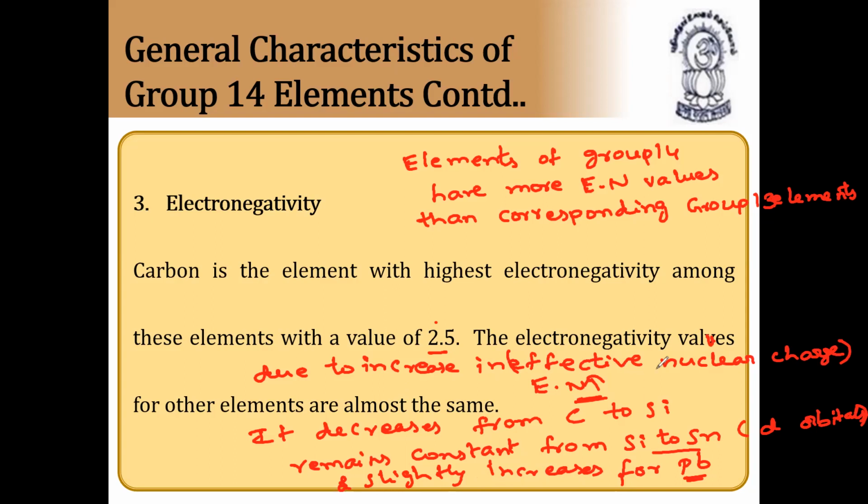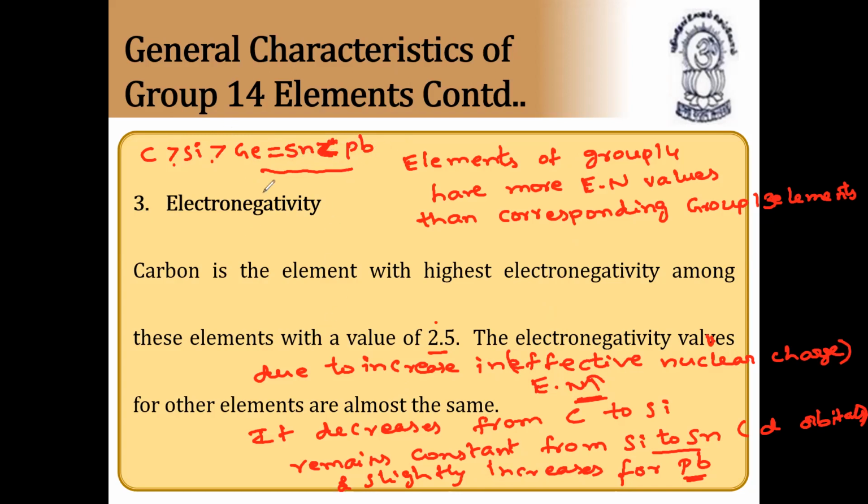So the effective nuclear charge increases, due to which electronegativity also increases. The trend is carbon greater than silicon, silicon greater than germanium equal to tin, constant, and less than lead.